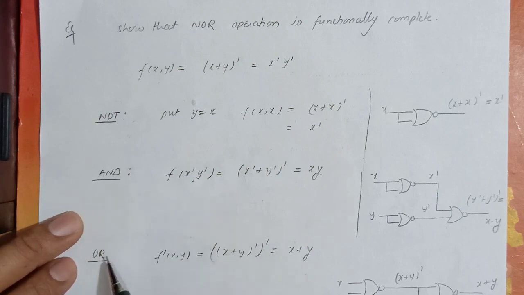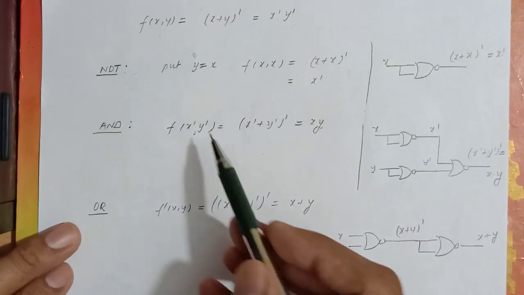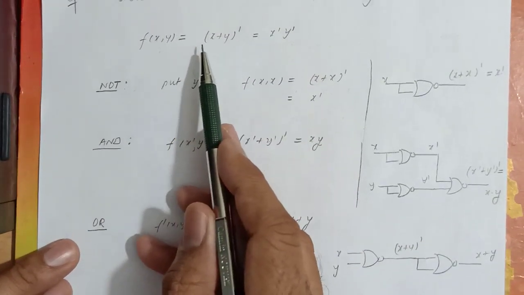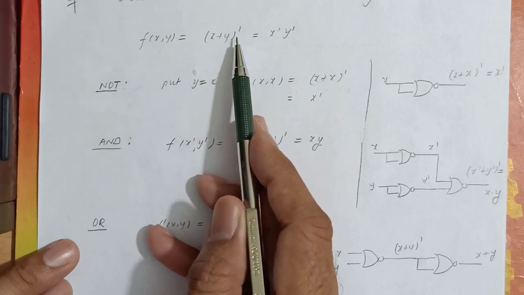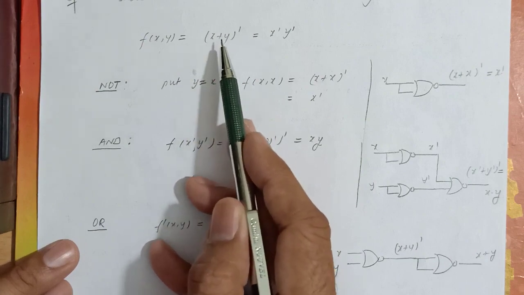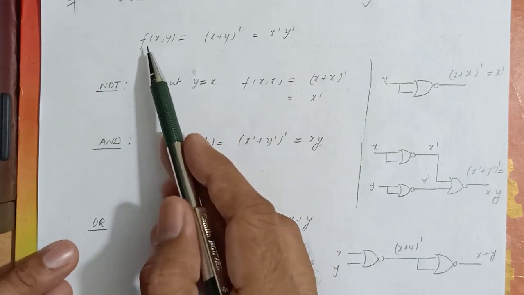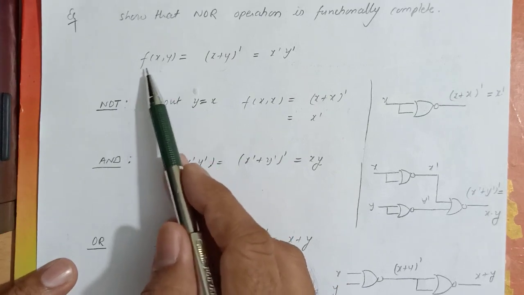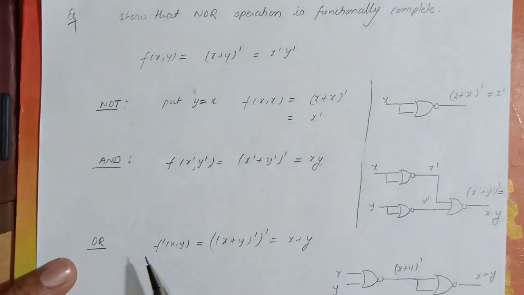Still, if you want to realize OR operation, we can also realize f of x, y as x plus y dash. Somehow we have to obtain x plus y. So what we will do is take the complement of this operation, f dash x comma y, equal to x plus y dash whole dash, which is x plus y.